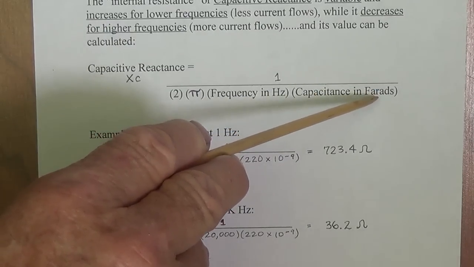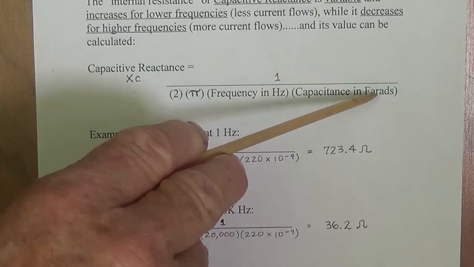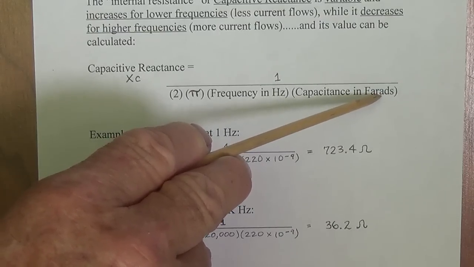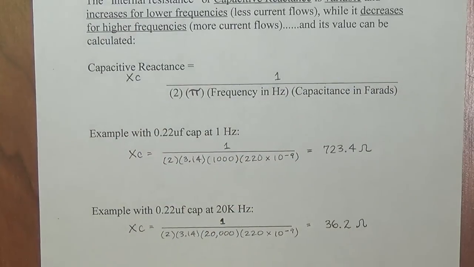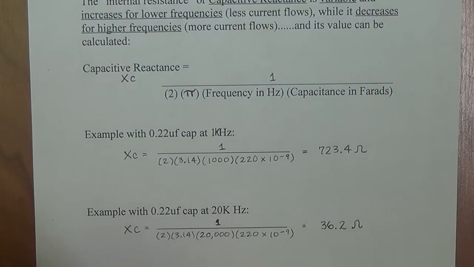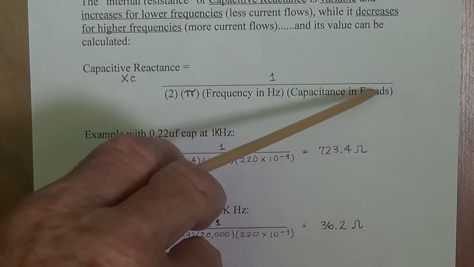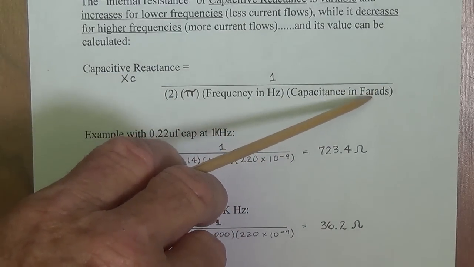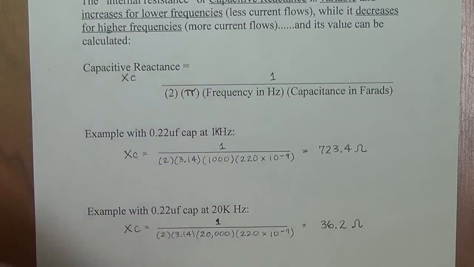Now, farads, as we discussed in volume 1 of this series, is a huge value, and we generally are accustomed to microfarads and picofarads. Now let's perform a couple calculations using this formula, and I think we'll see it's really not all that tricky. Other than the conversion of our microfarads into farads, this is really just basic math.